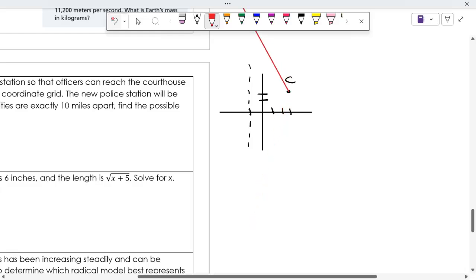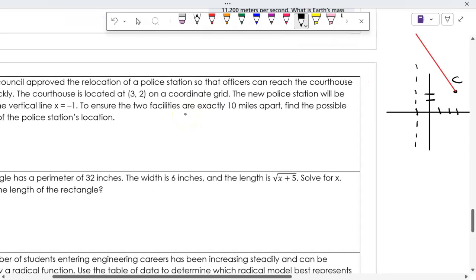So I can see right now I've got two possible directions. I can go up, I can go down. So I'm going to have two possible locations where this could be. And I've just got to figure out exactly where that is. I'm trying to find the distance from one point to another. Distance, guys. Distance formula. Think back in your brain, back to Algebra 1 when you learned that.